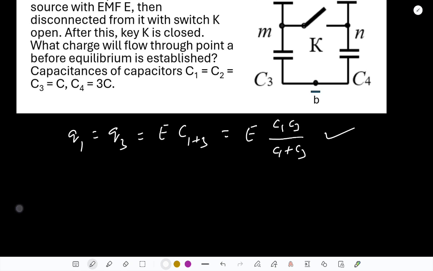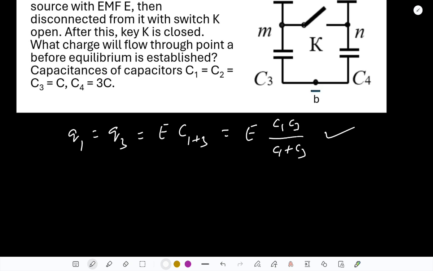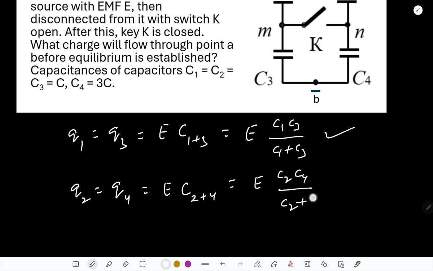Now the charges on capacitors C2 and C4 are also the same, so I am going to write Q2 equals Q4, and its value becomes the EMF of the voltage source multiplied by the equivalent capacitance of 2 and 4, and that is going to be E C2 C4 divided by C2 plus C4.